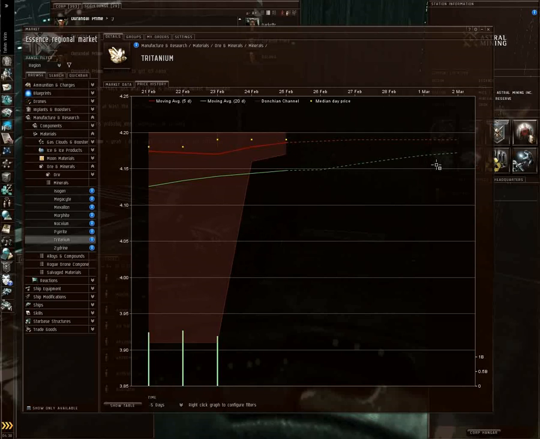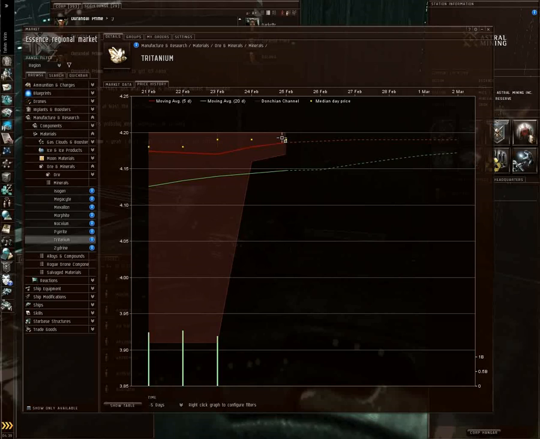So basically you'll see that the difference between the 20-day moving average and the 5-day moving average is going closer together, and thus becoming more narrow, so your margin is going away. So this is not an interesting market when we get to this point, unless the volumes are humongous.